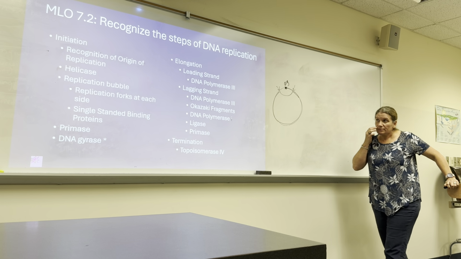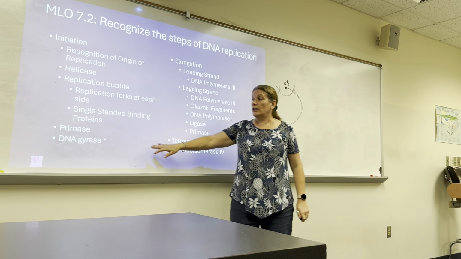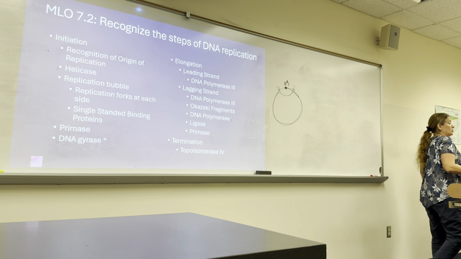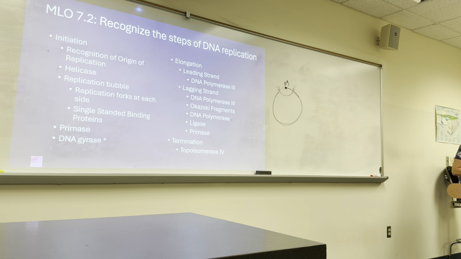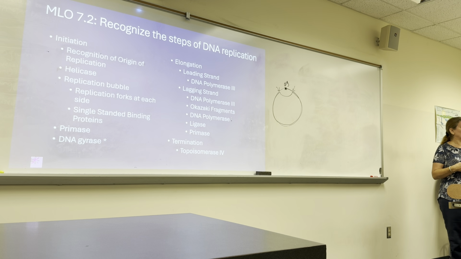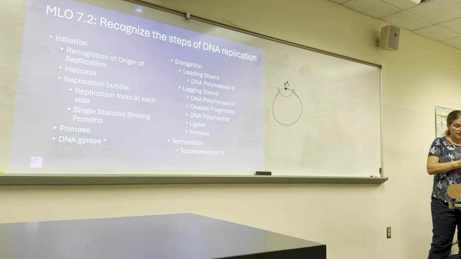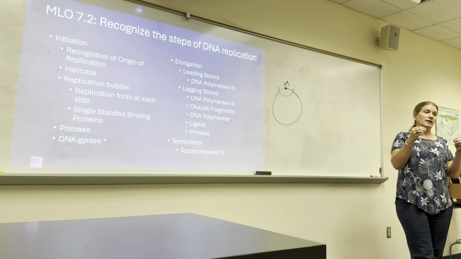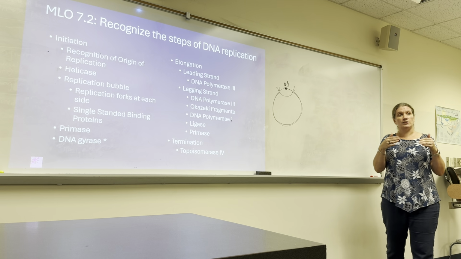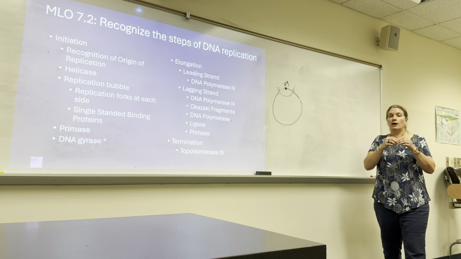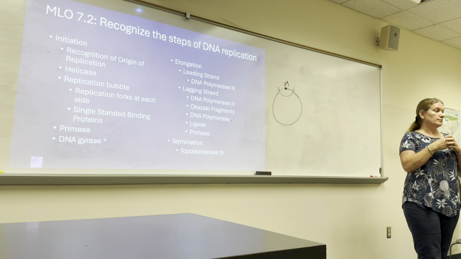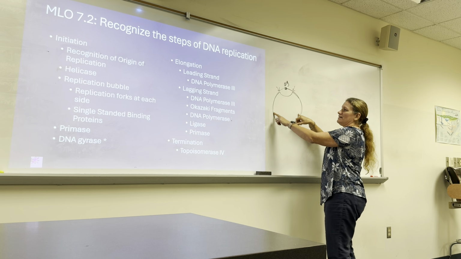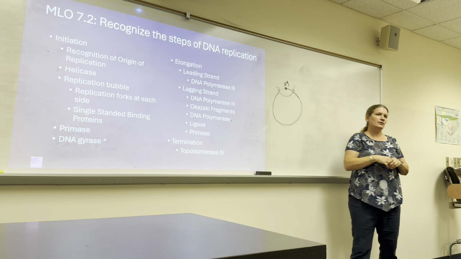In addition, there is something called DNA gyrase. DNA gyrase has multiple functions. First is that it's going to help when you have two strands of DNA and they're twisted, double helix. When you try to separate them, if it's linear, you don't have this problem as much, but when it's circular, you're going to get what we call supercoiling. Okay, as you separate that portion, it's going to tighten the coils around the rest of that structure.